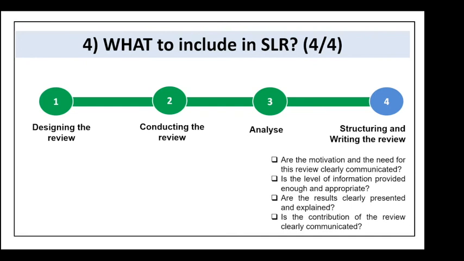Otherwise, you can structure your systematic review based on an agenda for future research. For example, after you discuss the findings, you have a future research direction, where you discuss the future directions that the reader can explore.